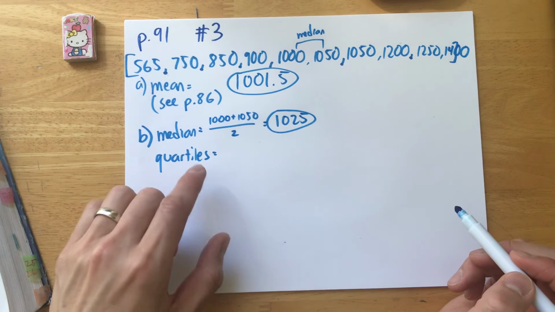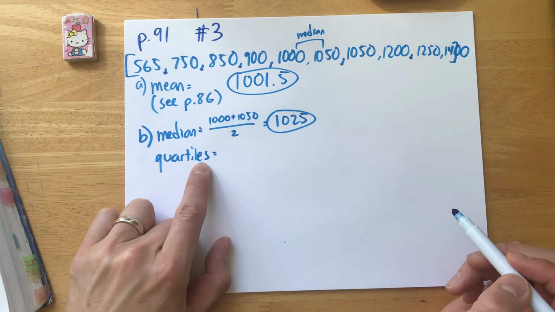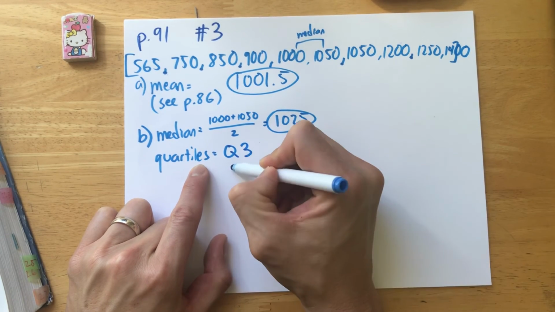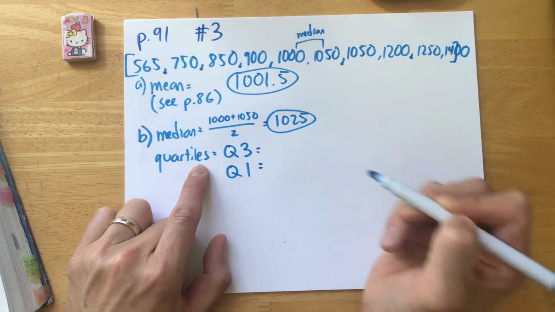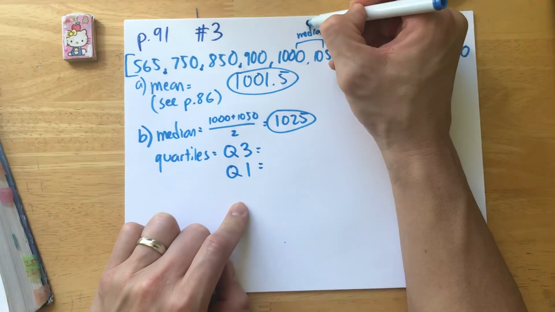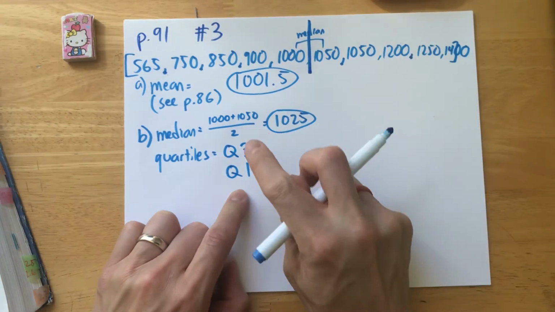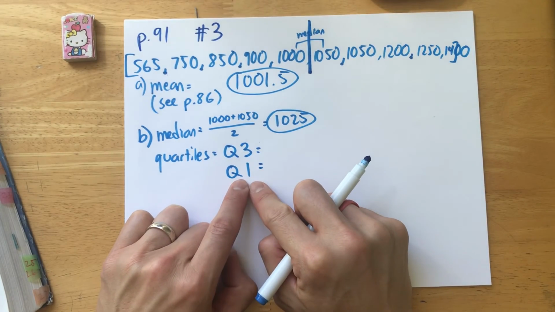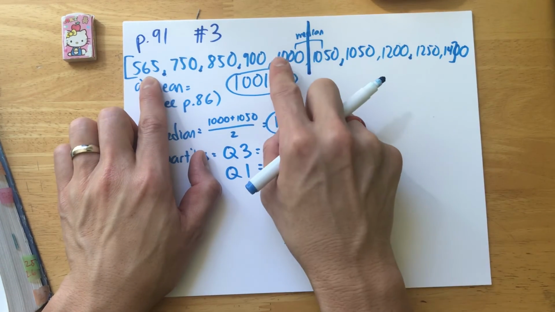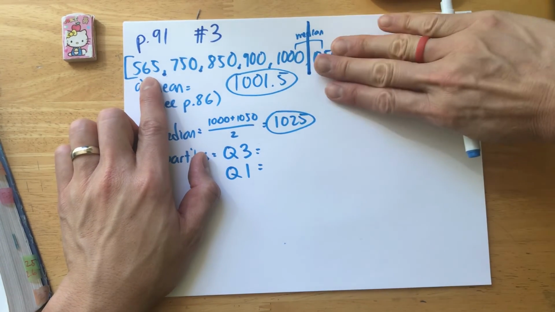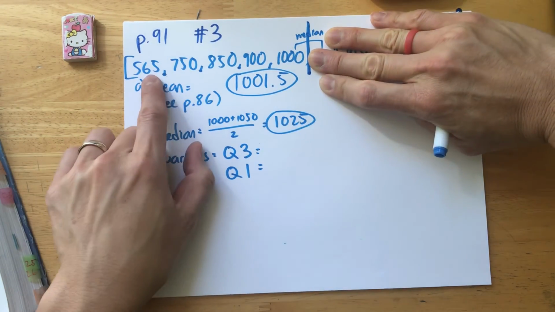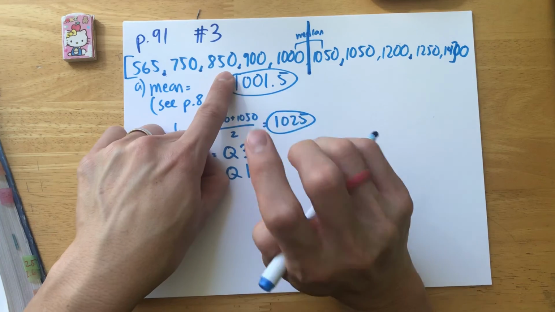Now our quartiles. It's asking for your Q3 and your Q1, your third quartile and your first quartile. If this is our median, quartile 1 is 25%, so it's really the half of the half. Don't even look at this side. It's the middle number of these 5 values, so boom, boom, it would be 850.